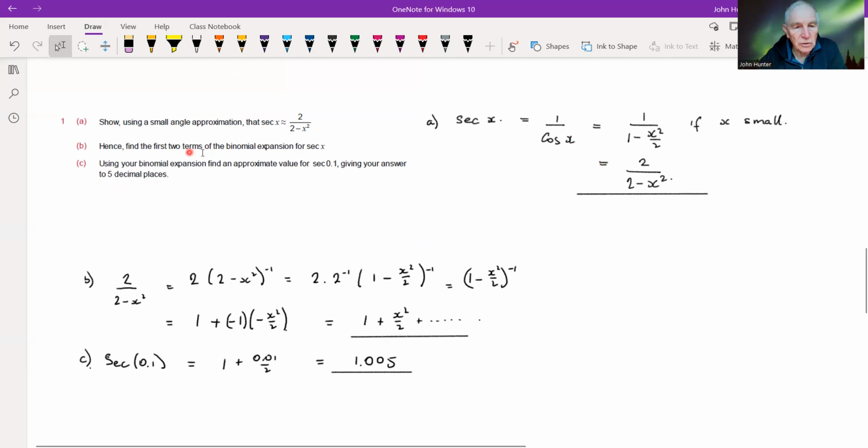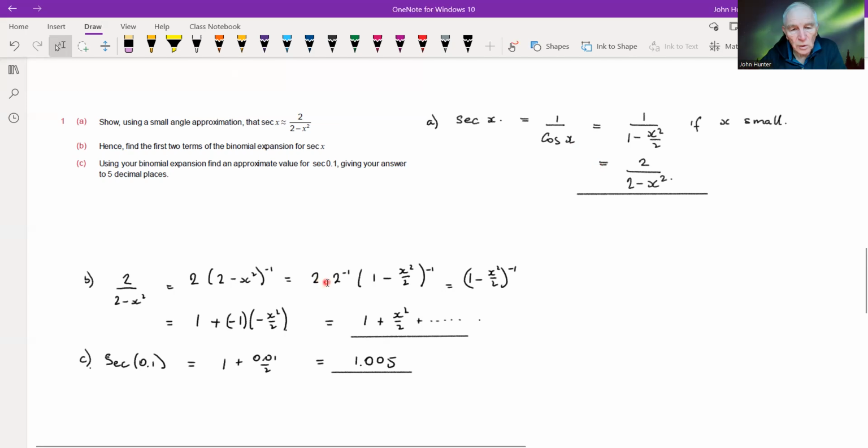Hence, find the first 2 terms of the binomial expansion for sec x. Well, if you haven't done the binomial expansion yet, then this might not mean anything to you, but we'll just run through it anyway. If we look at this, we can write it as 2 minus x squared to the power of -1.